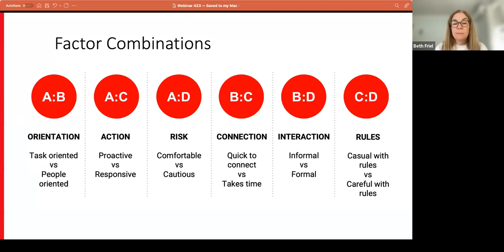Sometimes they're stacked on top of each other and they don't have a lot of meaning, but there's 3 factor combinations with A. A and B, A and C, A and D, then 2 with B, there's B and C, B and D, and then 1 just C and D. And we're going to go into the 4 most common today because we only have half an hour. We're not going to spend a whole lot of time on that.